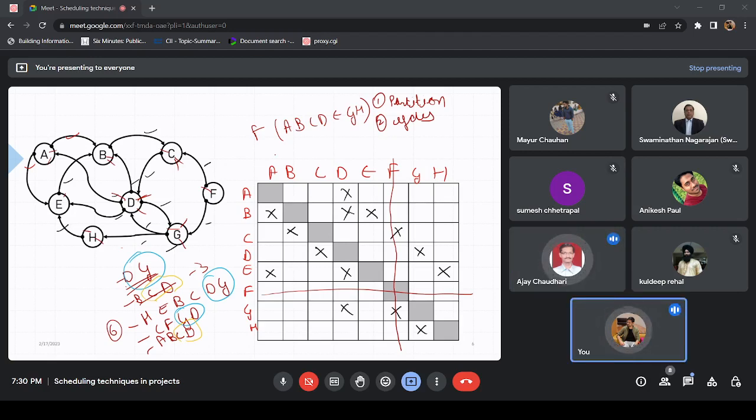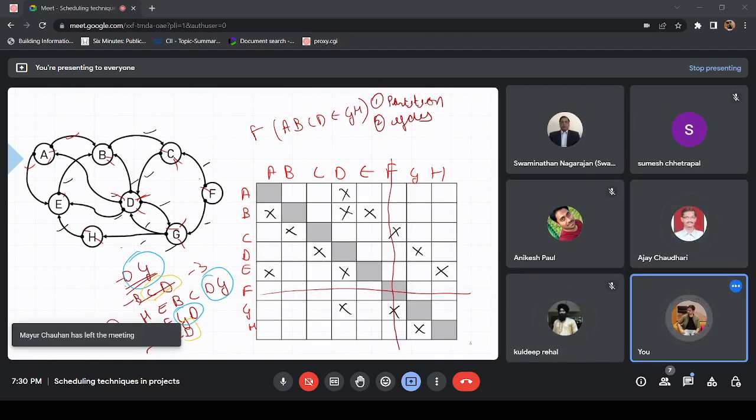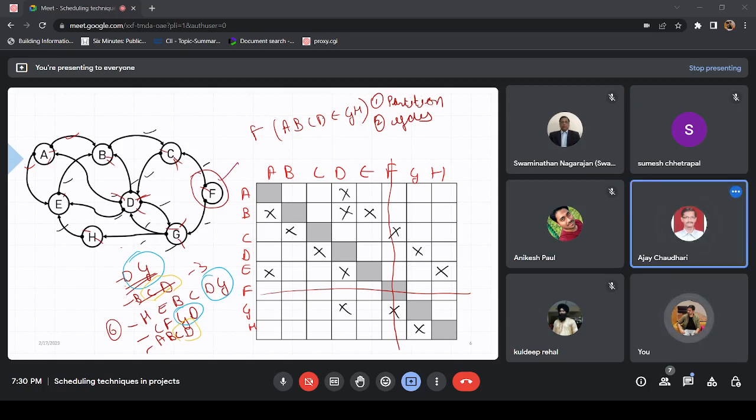We start with F, and here you can see from the figure also that F is one activity where we have got no incoming arrows. So this must be the starting activity. And now you guys know how to find out the cycles because we have got both the matrix and the graphical representation.